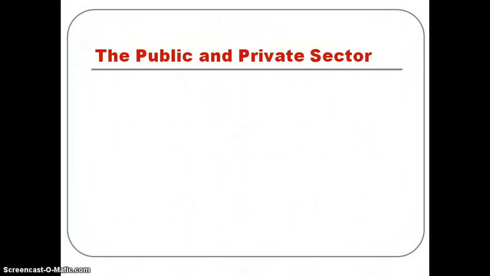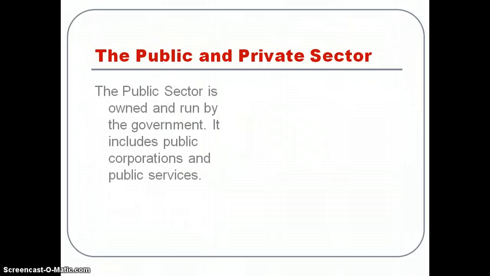Now, this brings us on to an important distinction: the difference between the public and the private sector. The legal forms of businesses, sole traders, partnerships, private limited companies and public limited companies, are all in the private sector. The public sector is run by the government.